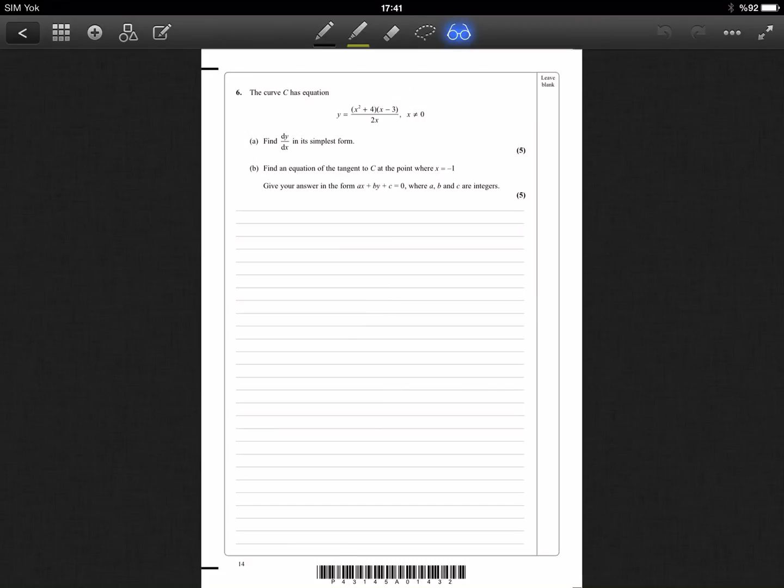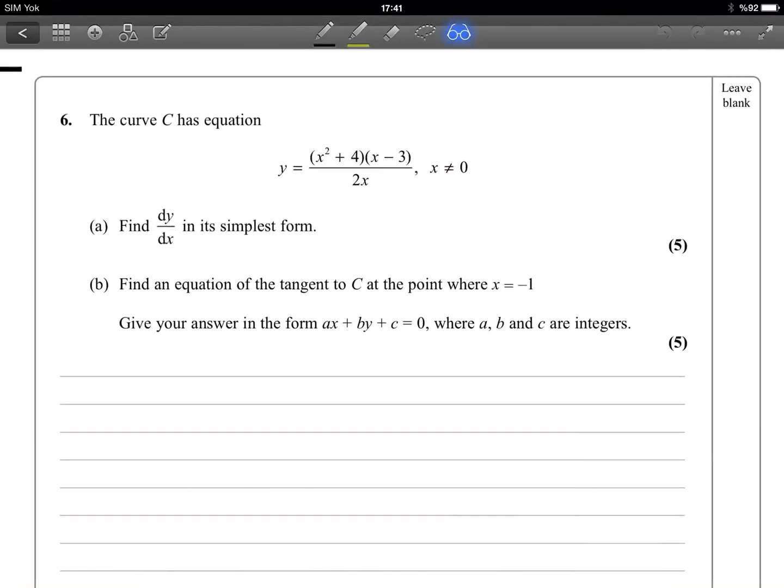And another question is a little bit harder, and it says the curve C has the equation as given here. Find the derivative of this function or equation, however you call it. That's really easy.